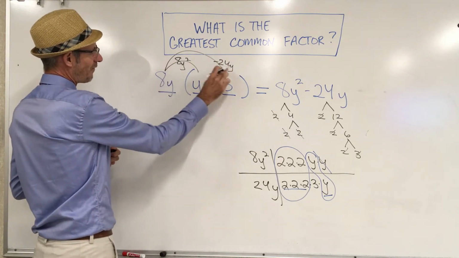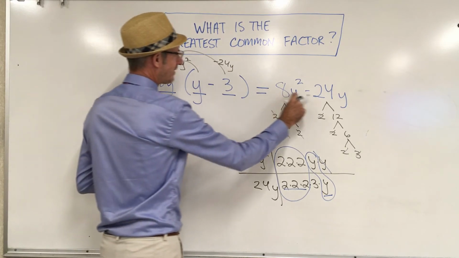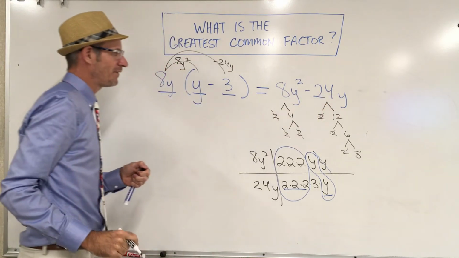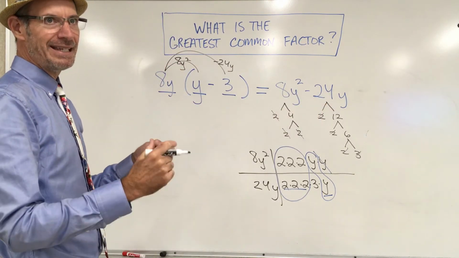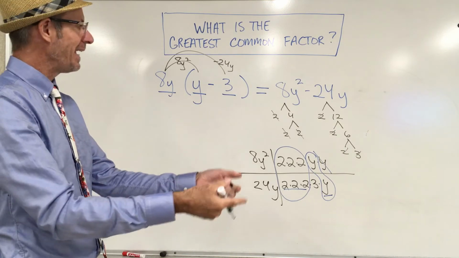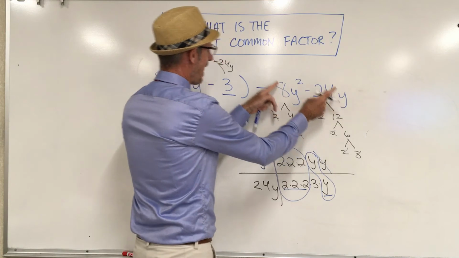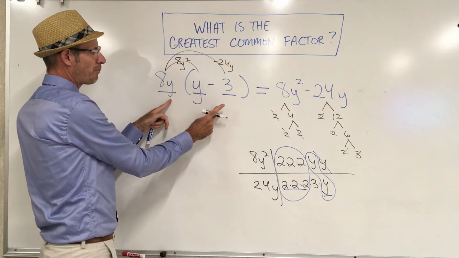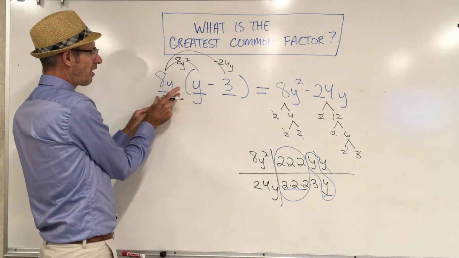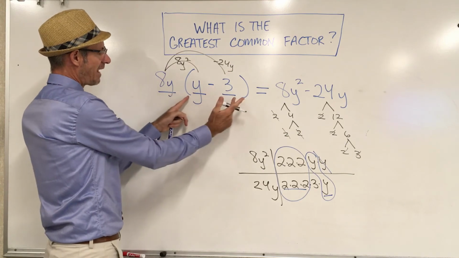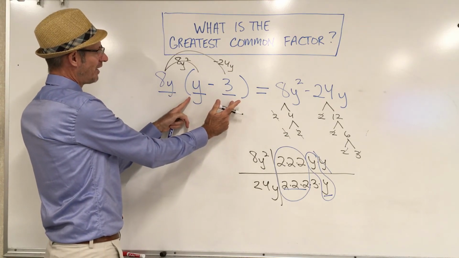And since this stuff written in black matches this stuff written in blue, we know we've done the problem correctly. We did the distributive property in reverse. We started with what the answer would have been, and we created the distributive property problem with the greatest common factor on the outside and the remaining factors on the inside.